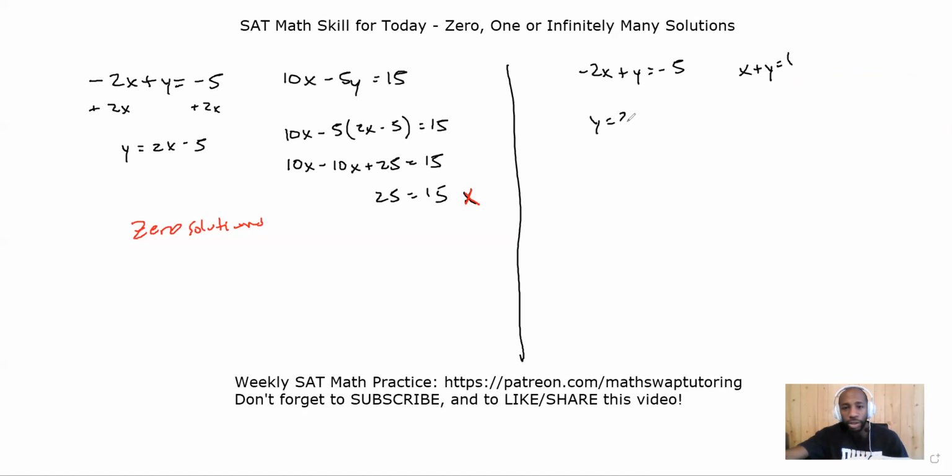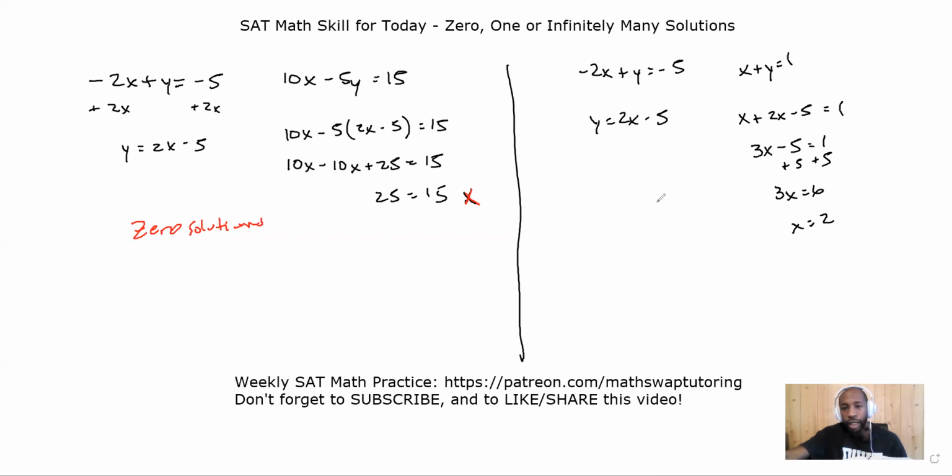So y is equal to 2x minus 5. Let's plug that into y here. So you have x plus 2x minus 5 equals 1. So you have 3x minus 5 equals 1. 3x equals 6, and then x equals 2.